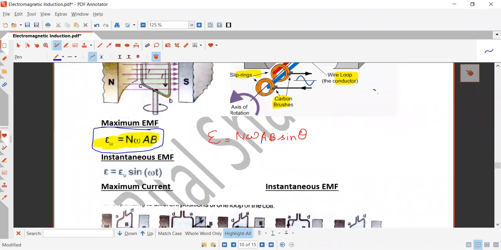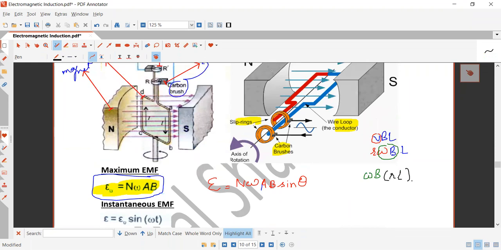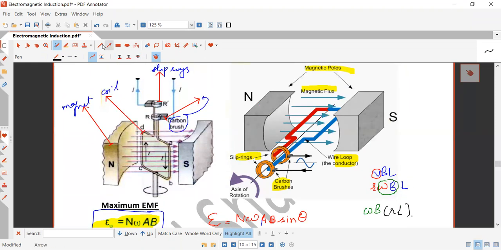The formula was VBL sin theta, right? Then we put V equal to R omega, and BL remain there. Now we separate these things: omega B, and then R times L. If we talk about the width of the coil, let's have a look at the diagram.